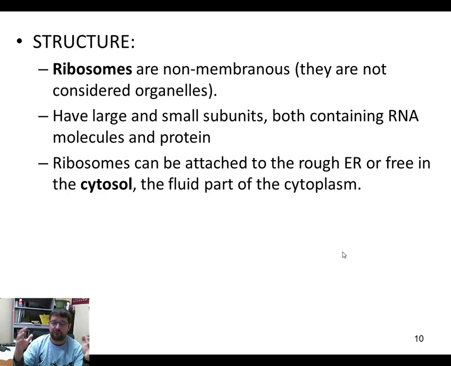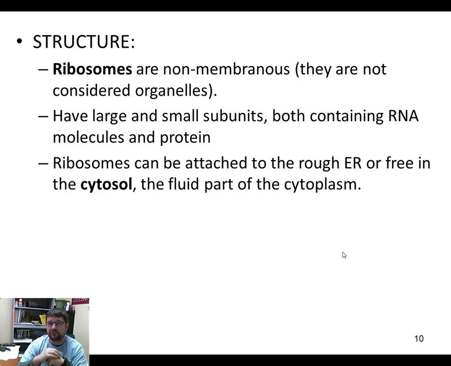But because they do not have an encompassing membrane, they are not organelles. Okay, so they're not considered an organelle. Now they might have functions like organelles, and in this case they do, because they are the site of protein synthesis. The other thing about ribosomes which makes them very unique, and we kind of talked about this already, is they contain their own RNA.